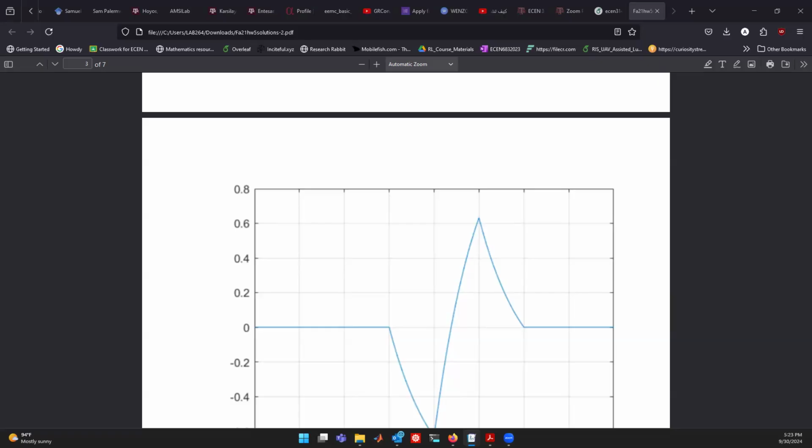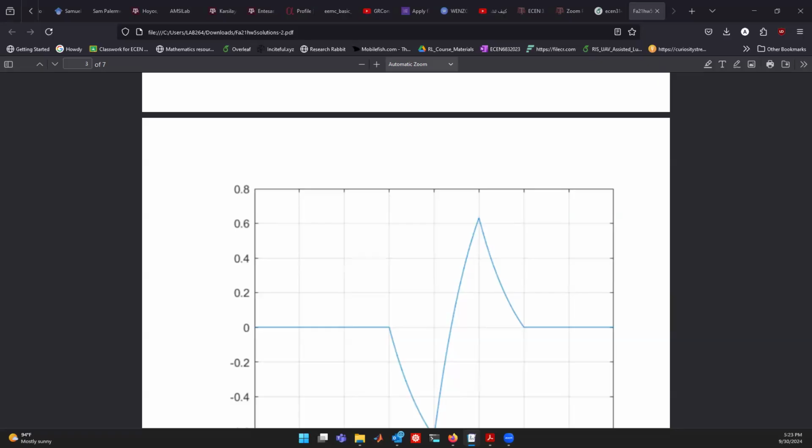And then from minus 1 to 0 is just a decaying exponential but shifted by 1. So when t equals minus 1, this will become 1 minus 1, 0.